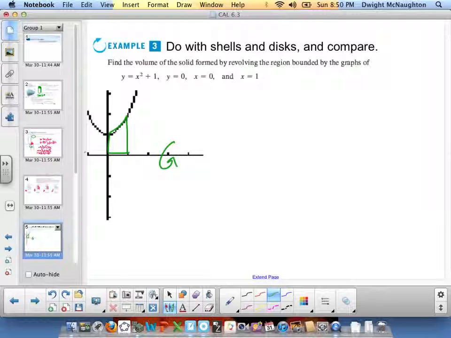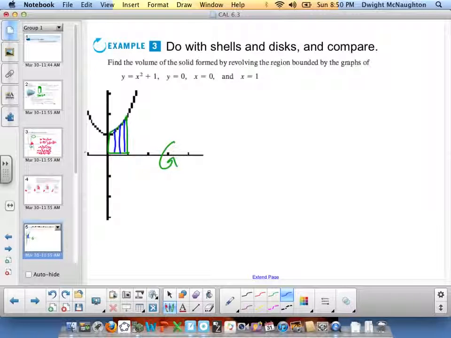Now, if we look at this, we're going to do the one that makes the most sense. Let's look at it and see if we're going washers or shells or disks. We're going to stack them like that, perpendicular to the axis. And as you see, the top is the function, the bottom is the axis.